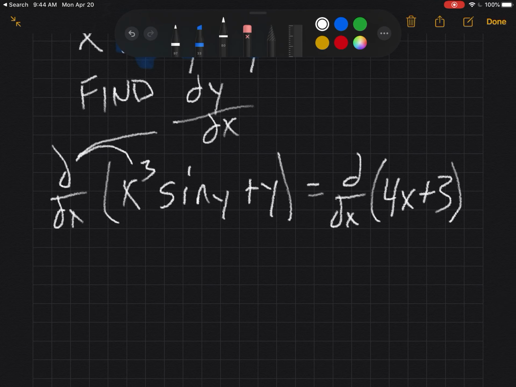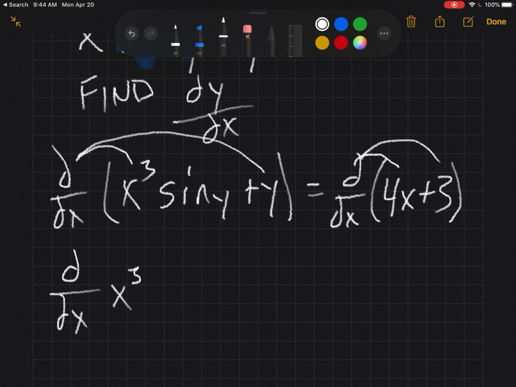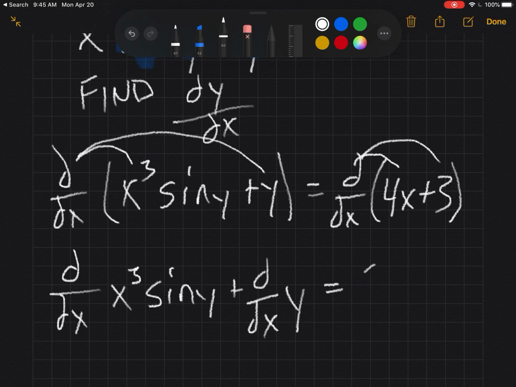All right, so the first thing we're going to do is take the derivative with respect to x of each side. d by dx of x cubed sine y plus y equals the derivative with respect to x of 4x plus 3. Again, the derivative operator distributes.